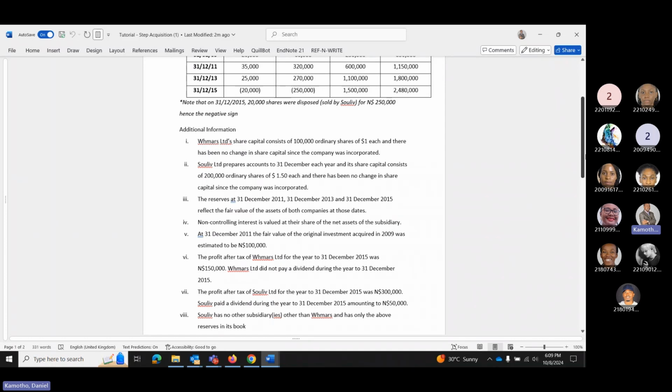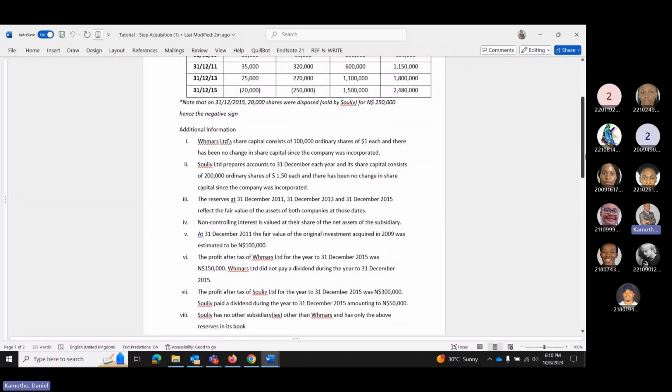Then we are told the reserves at 31st December 2011, 2013, and 2015 reflect the fair values of assets of both companies at those dates. So we are basically saying the carrying amount of the assets and liabilities is equal to the fair value of those assets and liabilities. So there are no fair value adjustments, which would complicate.